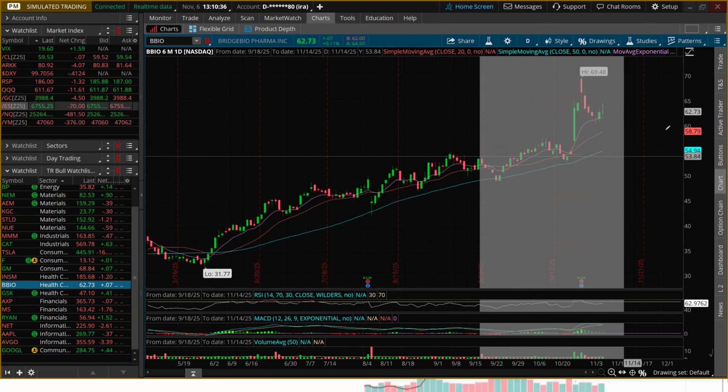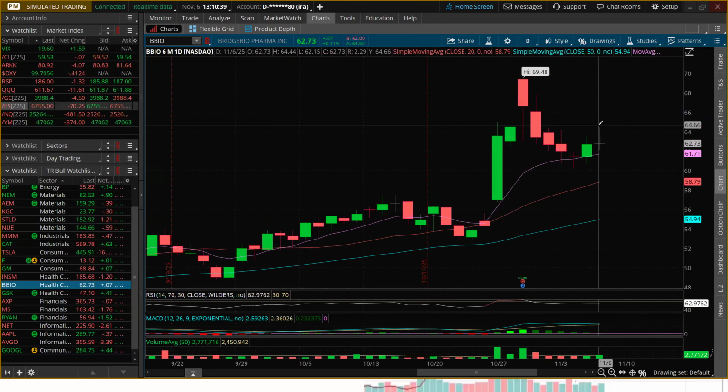And so for me here, the ultimate question is this wick at the top on BBIO: does this wick at the top represent a good entry to get into a swing trade? By the way, I'm already in this trade. Just to be fully transparent, I got into this trade earlier today when it did go above yesterday's high.